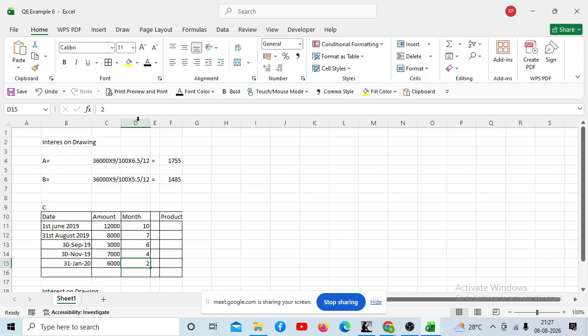Now you find out the product, that is amount multiplied by month. See, 31st Jan is there, so the month of Jan will not be counted. Now do the multiplication of this.